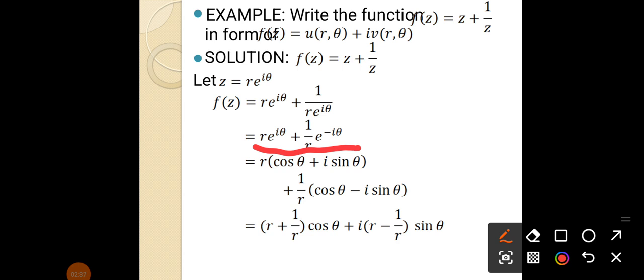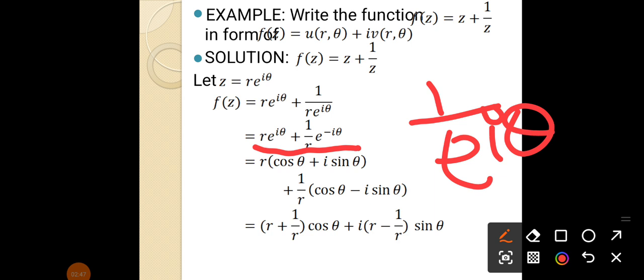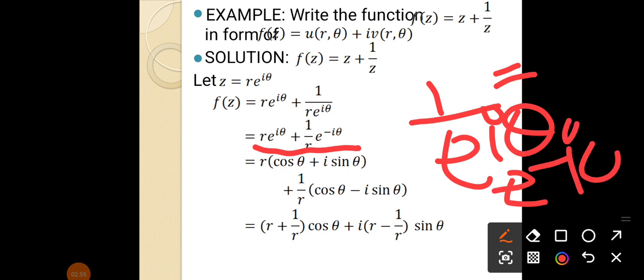We take e raised to i theta into the numerator. Then it becomes e raised to minus i theta.